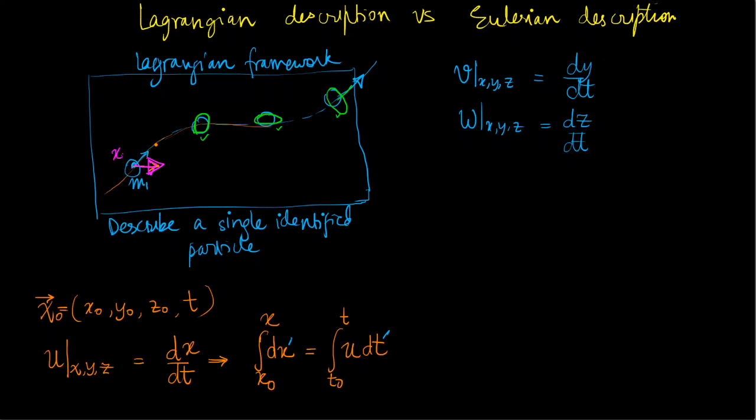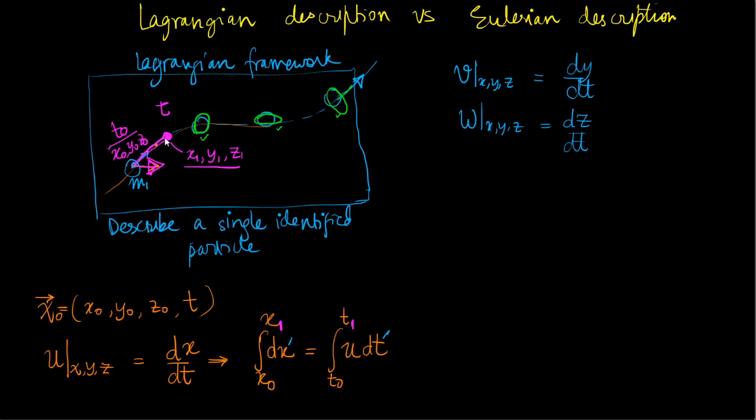Suppose this is x naught, y naught, z naught at a time t naught, then at a time t it will arrive at this point and the new location will be x1, y1, z1. I can very well write this as x1 at t1.